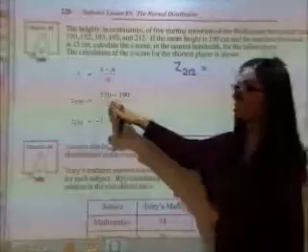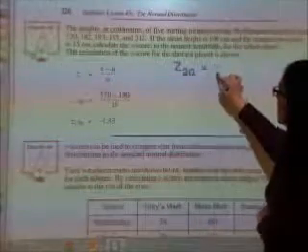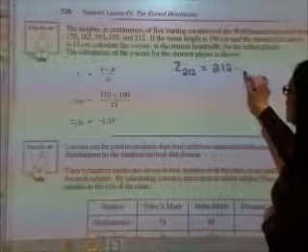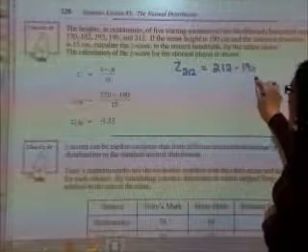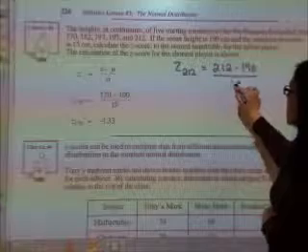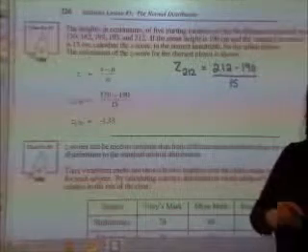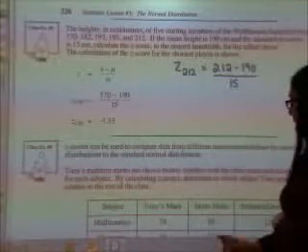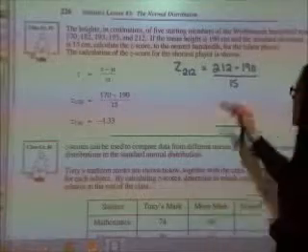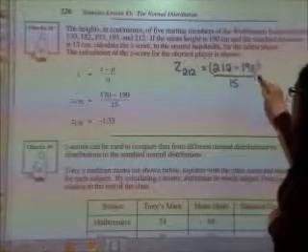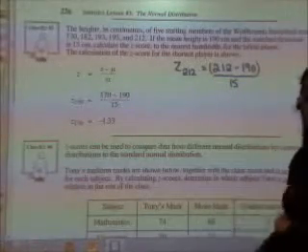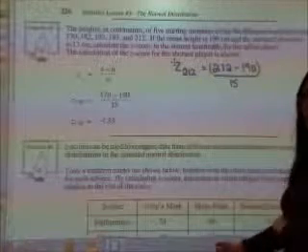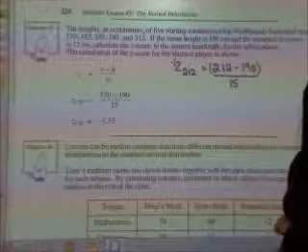So if I use this formula, the x value is 210, the mean is 190, and the standard deviation is 15. So if I go to put this into my calculator in one step, I want to make sure I have brackets here. So grab your calculators and tell me what that would equal. 210 minus 190 divided by 15.